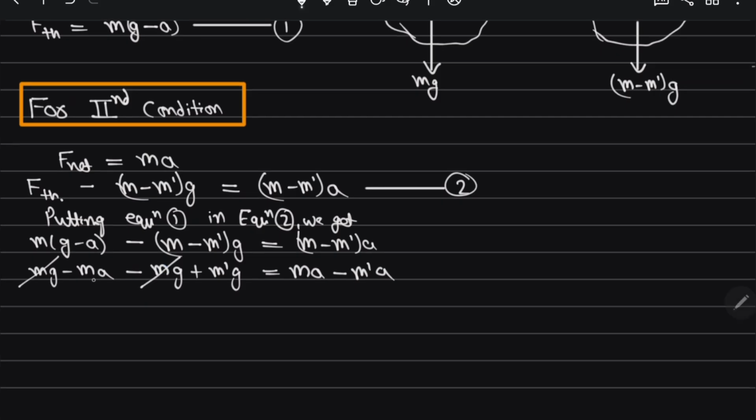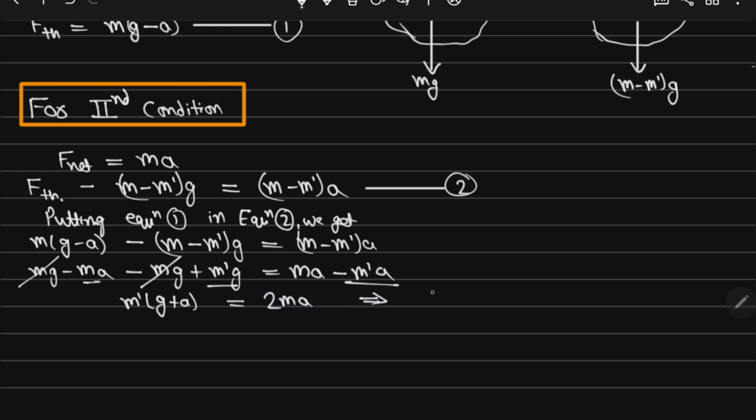So next task, if I send ma to that side and write mg here, m dash comes that side and ma goes that side. So here you see that if I take m dash common, g plus a, and this ma and this ma become 2ma.